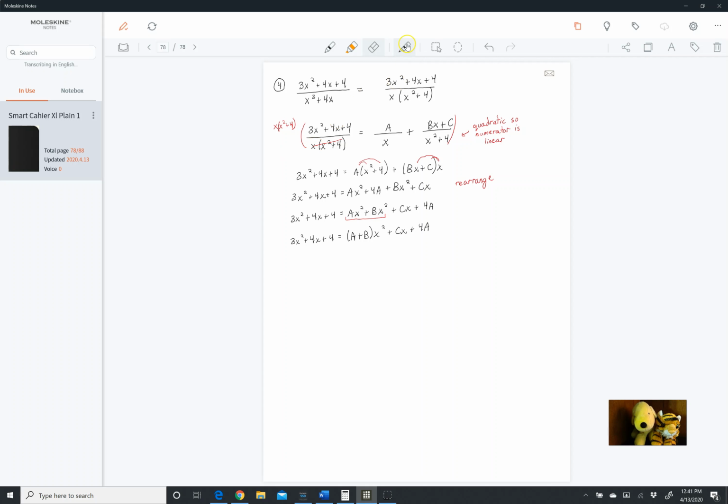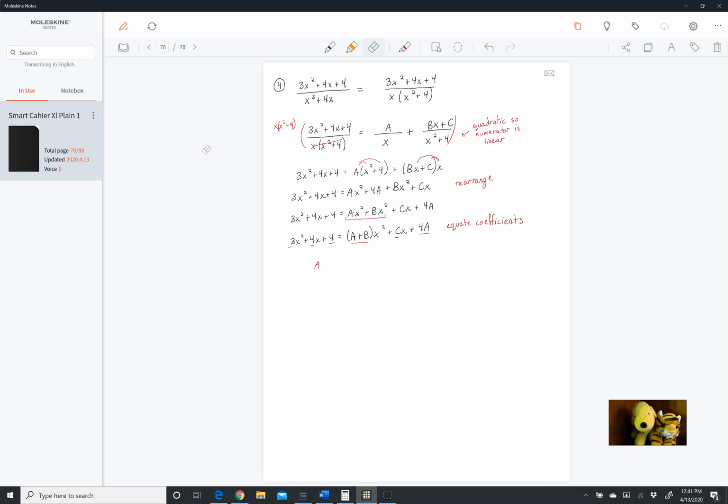So now we're ready to do what we call equating the coefficients. So a plus b is equal to 3. C is already solved for us. C is equal to 4. And 4a is equal to 4.